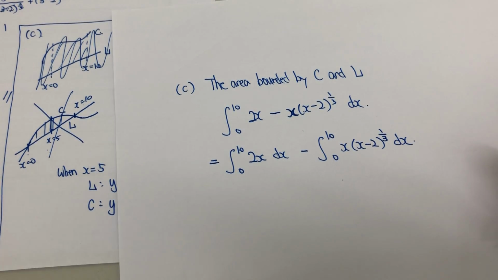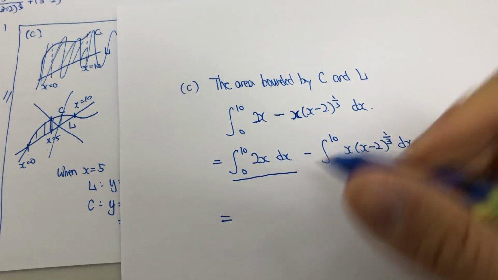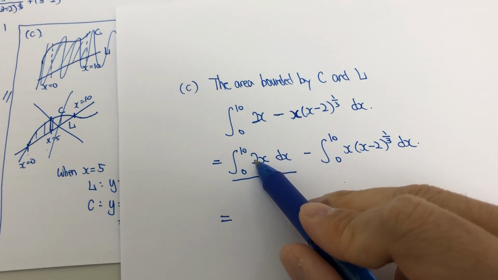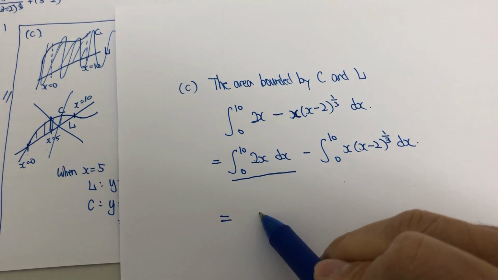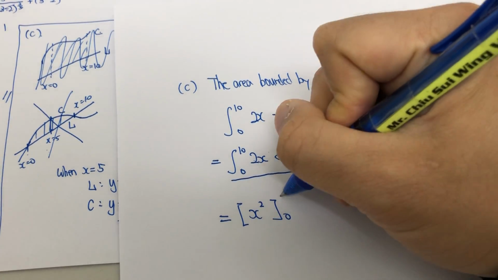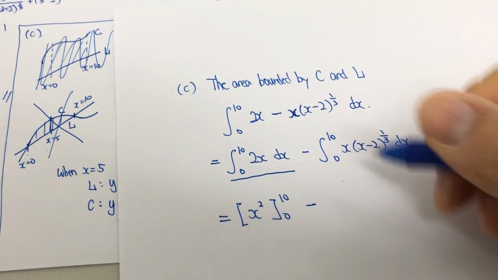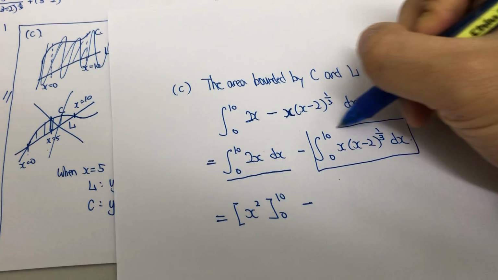Okay? So, this part, we are happy to do this. Integrating 2x becomes 2x squared divided by 2, so that's just x to the power of 2. And then consider the boundary from 0 to 10.